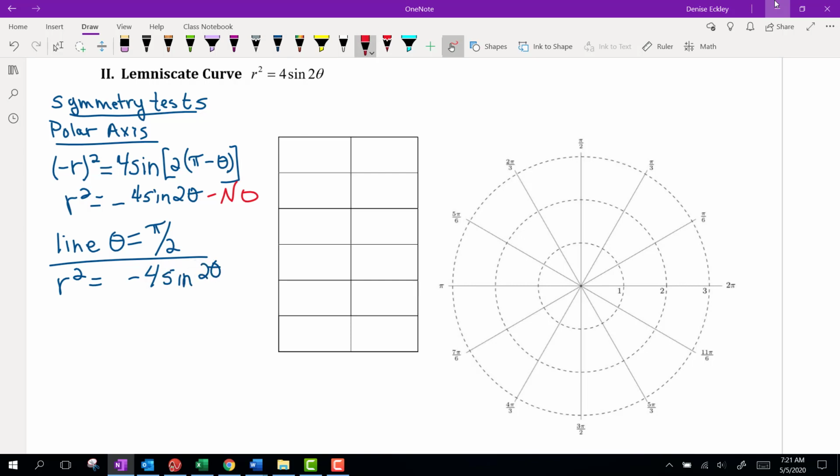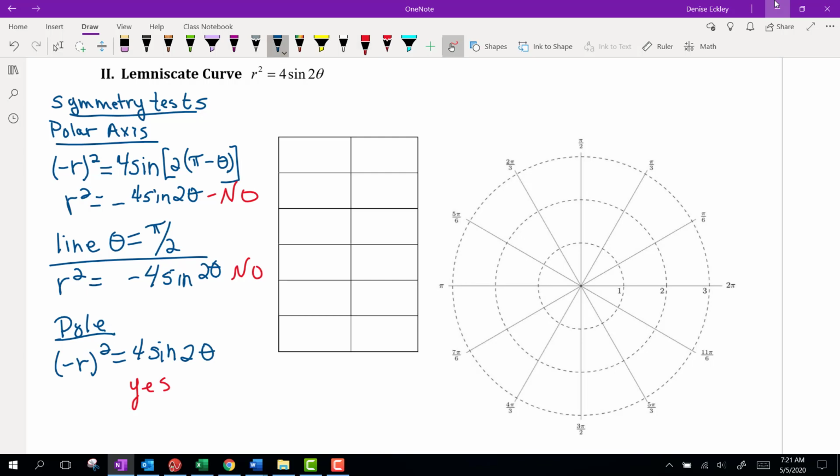So that's again a no. And then if we do our pole, we're going to get negative r squared equals 4 sine 2 theta. And that's going to be a yes, because when we square negative r, we get r squared. So it has symmetry at the pole. It does have one other symmetry, which is pi over 4, and you'll see when we draw that.